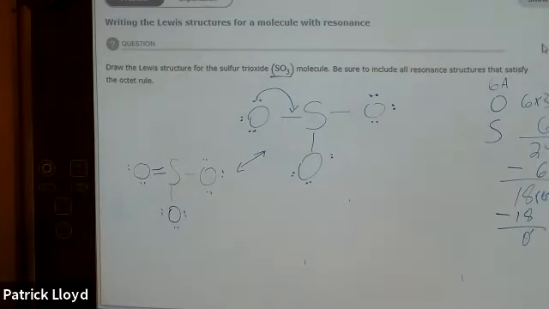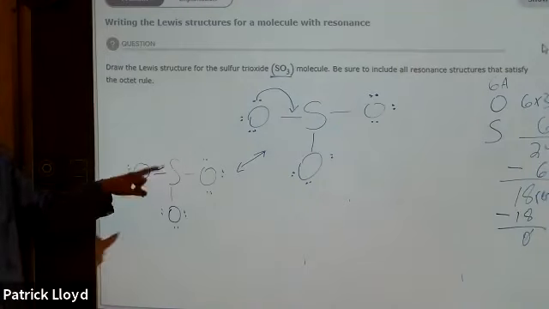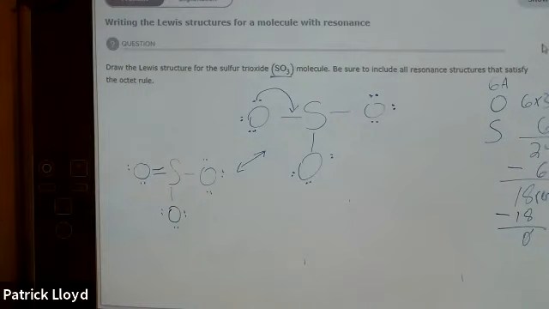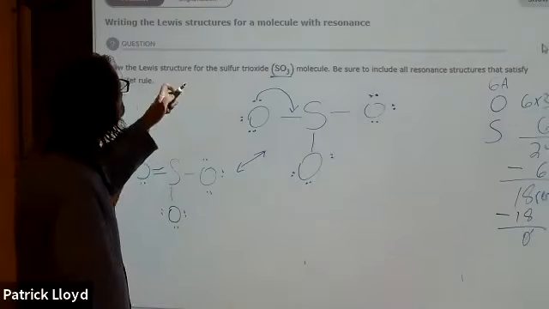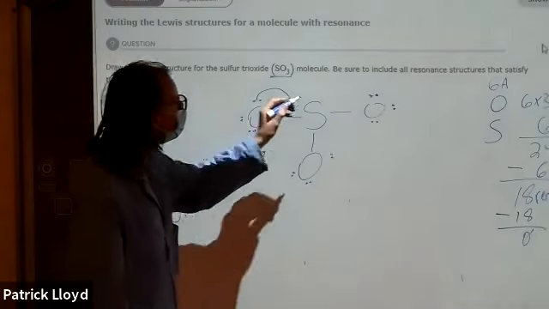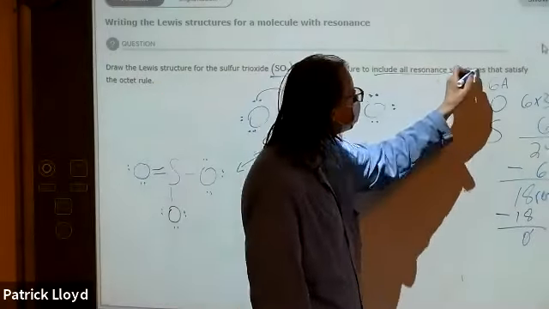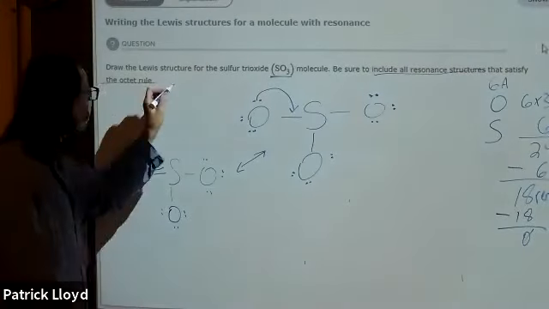So you start saying, okay, well, then there's something wrong with this Lewis structure, because it's suggesting that we're going to have one different from the other two. So here's what ends up being helpful to our analysis. It's called resonance. So see where it says include all resonance structures that satisfy the octet.